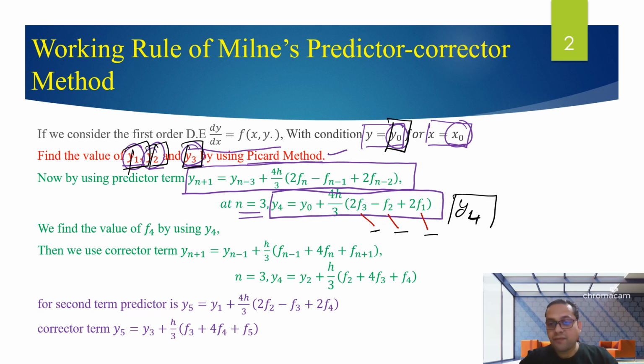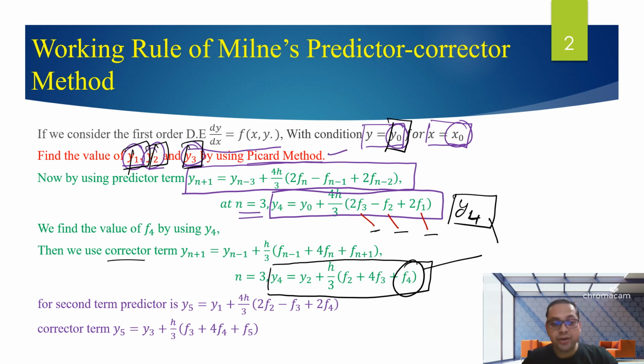Then after substituting the value of y4 in the corrector formula, we will have the corrected value of y4, by using the function value of f4. To calculate this f4, we require y4, the predicted value. So the process continues for a second iteration.